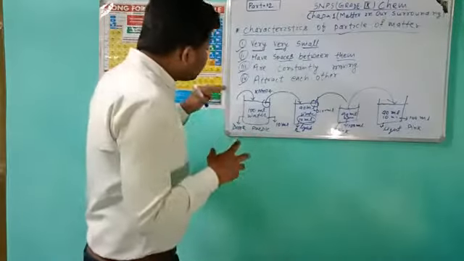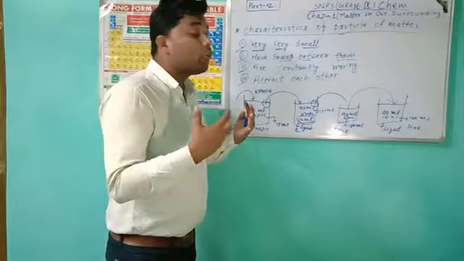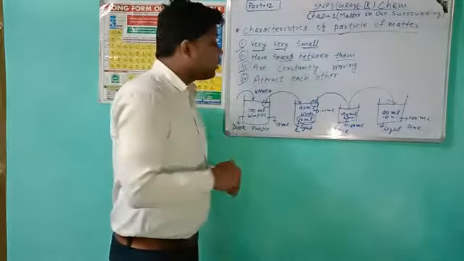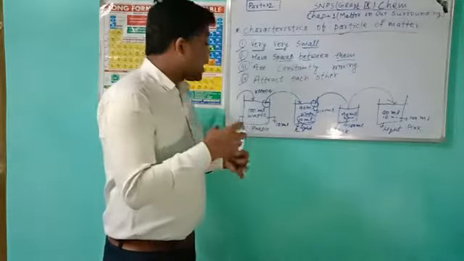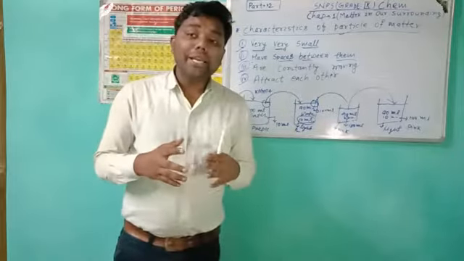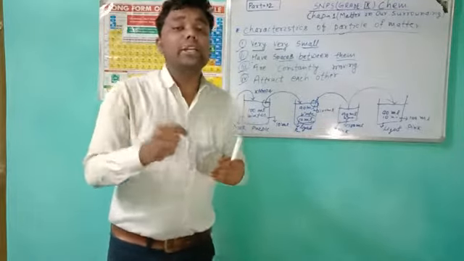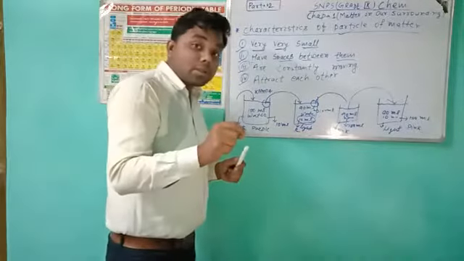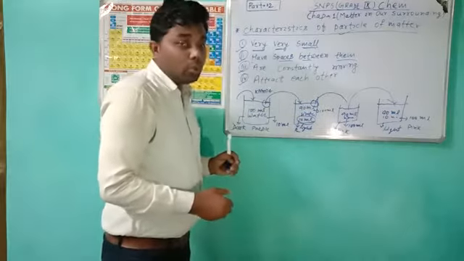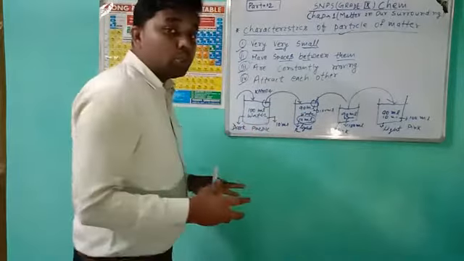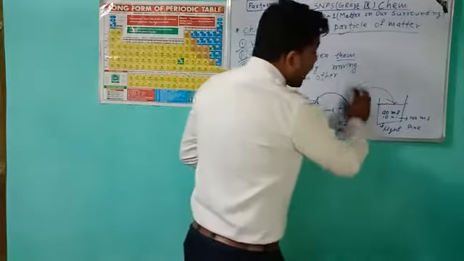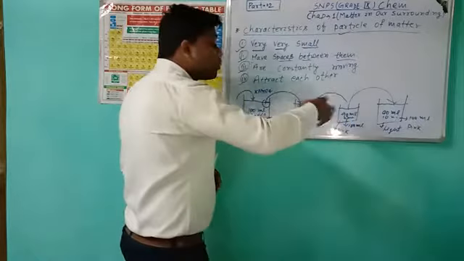Then from this experiment, what is proved? This experiment has shown that a small amount of potassium permanganate contains a lot of small particles, since it colored a huge amount of water. I hope this is clear to you that a small amount of potassium permanganate can color a huge amount of water.